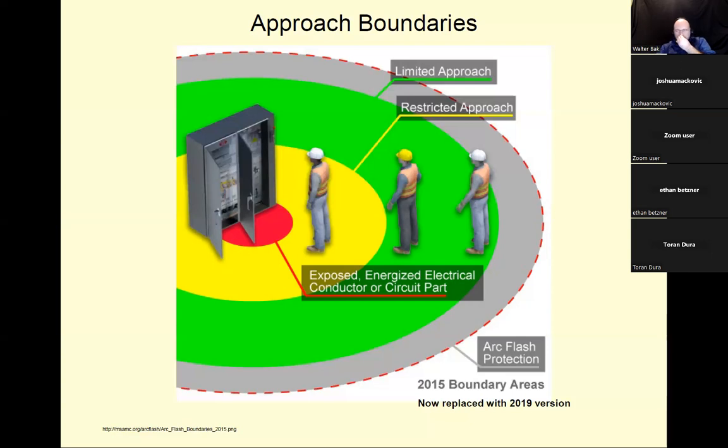Now, what are boundaries? Boundaries are also called approach boundaries. If there is equipment capable of producing an arc flash of a certain power or energy, then things are regulated in a way that determines who should be allowed to even come close to that equipment, and what kind of credentials you need that would let you come closer or not as close.